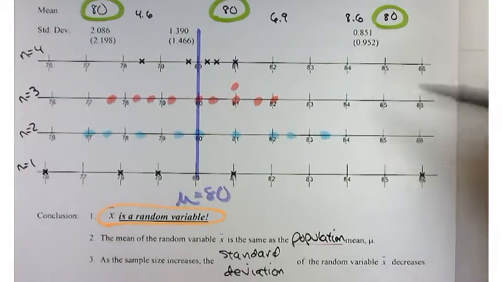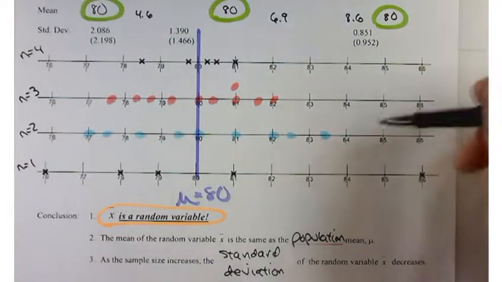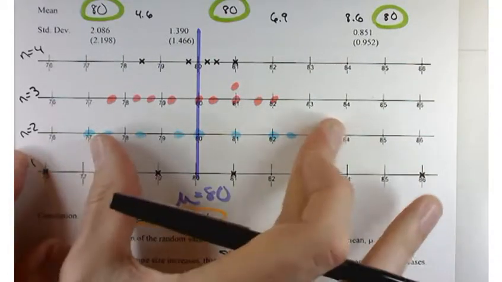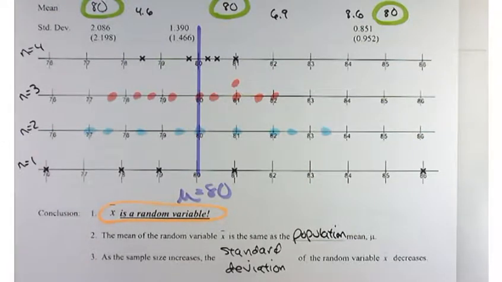And we can see that. There's a nice visual representation of that right here. As you increase the sample size from 1 to 2 to 3 to 4, look what's happening. These values are getting closer and closer together, which necessarily means that their standard deviation is getting smaller.